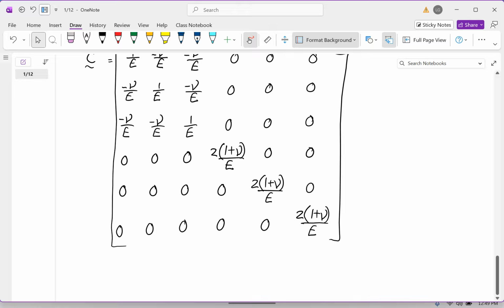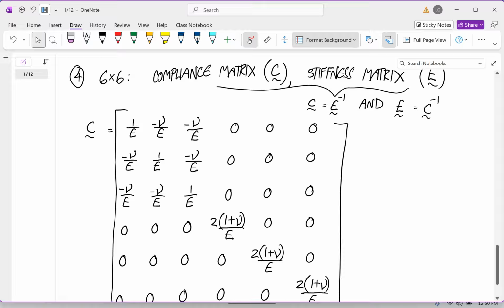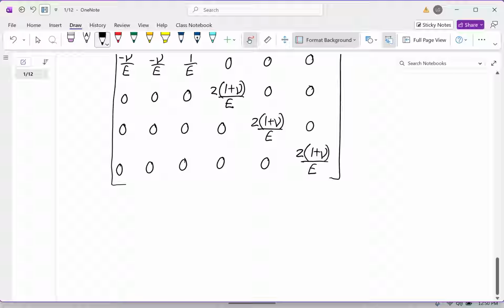Those algebraic expressions are always just going to be numbers that we've gotten from some other measurement. But yes, that is what it always is going to look like. So what is this thing? The Voigt strain that we talked about before, which is a measure of a body's deformation at a point, is equal to the compliance matrix times the Voigt stress, which is a measure of loading of the material.